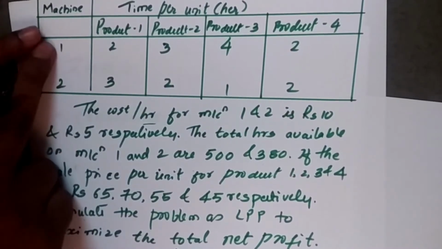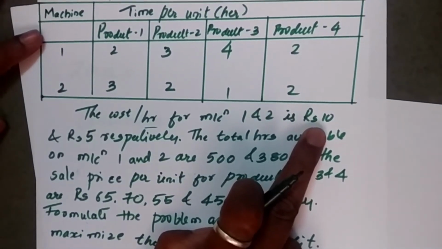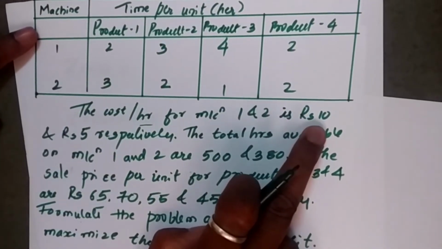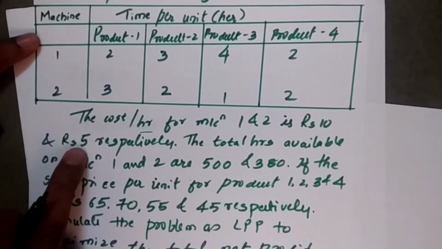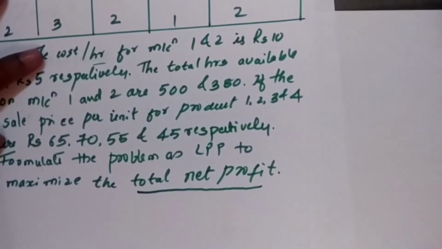But if you read the problem, they have also given the expenditure on the machines. If I use machine 1, I have to spend 10 rupees for 1 hour. Similarly, if I use machine 2 for 1 hour, I have to give 5 rupees. Overall, I want to convert this into a profit.